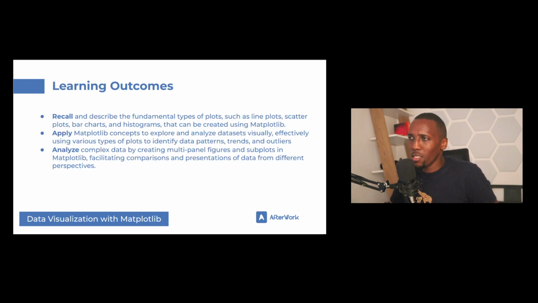Be able to recall and describe the fundamental types of plots when working with Matplotlib, apply Matplotlib concepts to explain and analyze data sets visually using different types of plots, and lastly be able to analyze complex data by creating multi-panel figures and subplots using Matplotlib.